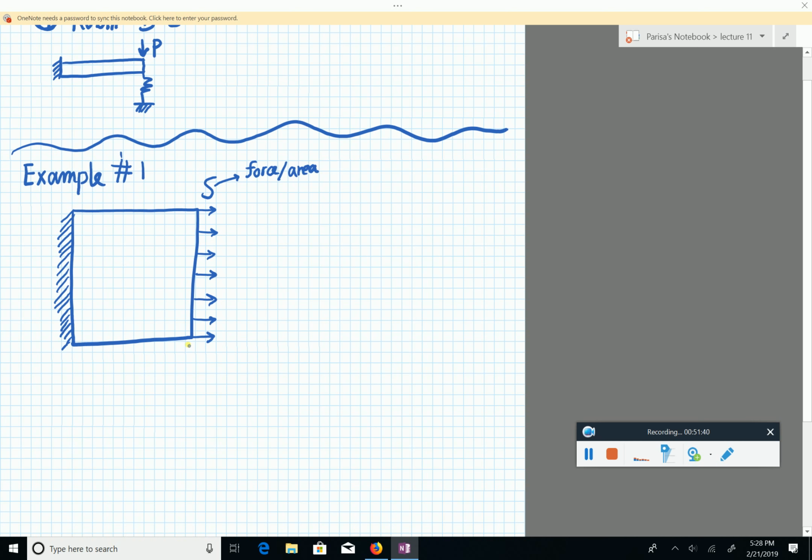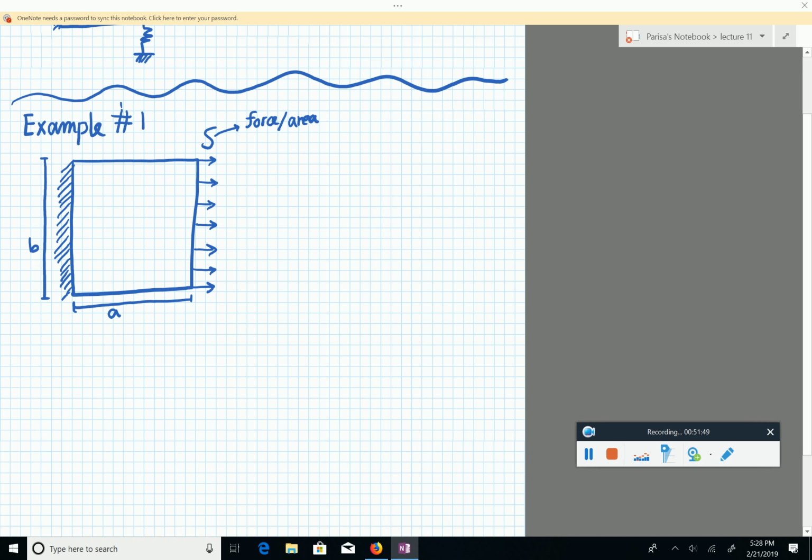And this side is, the length is A, this side is B. X, Y, so basically you can use 1, 2, but it's the same as X, Y here.